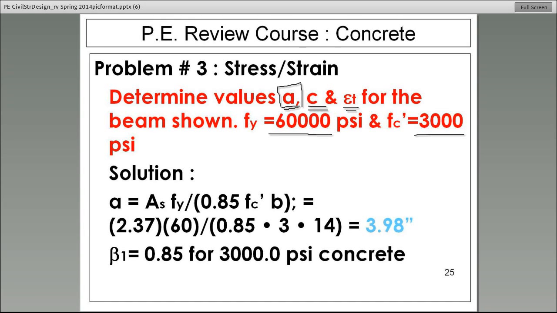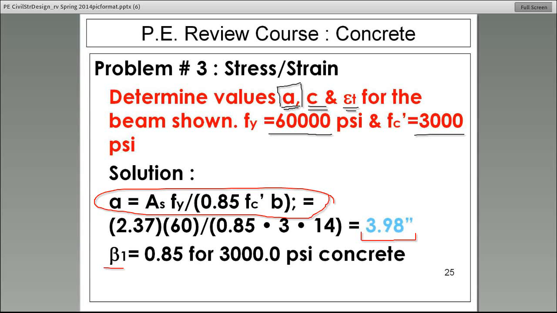If you set those two equal to each other, A is the unknown you calculate. So A is 3.98. If you don't get that value, please go back and refer to this problem and do it later. So small a, the depth of the stress block, is 3.98.